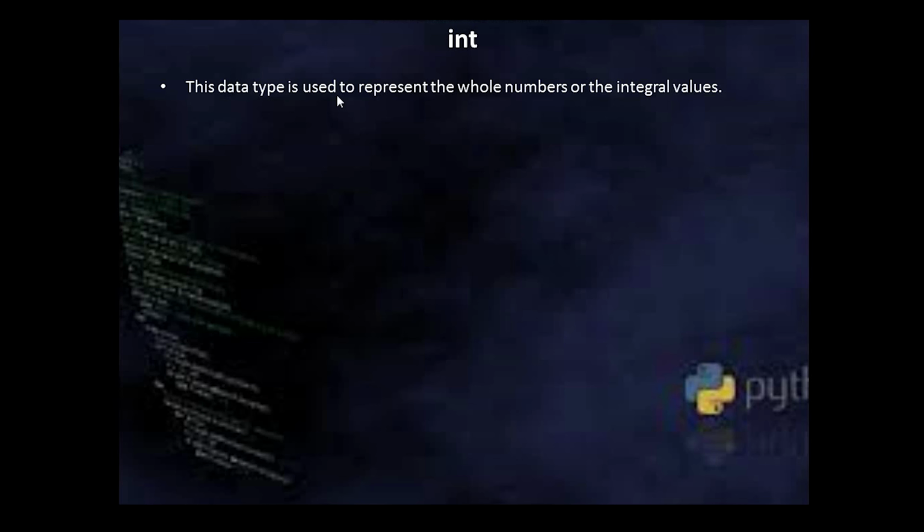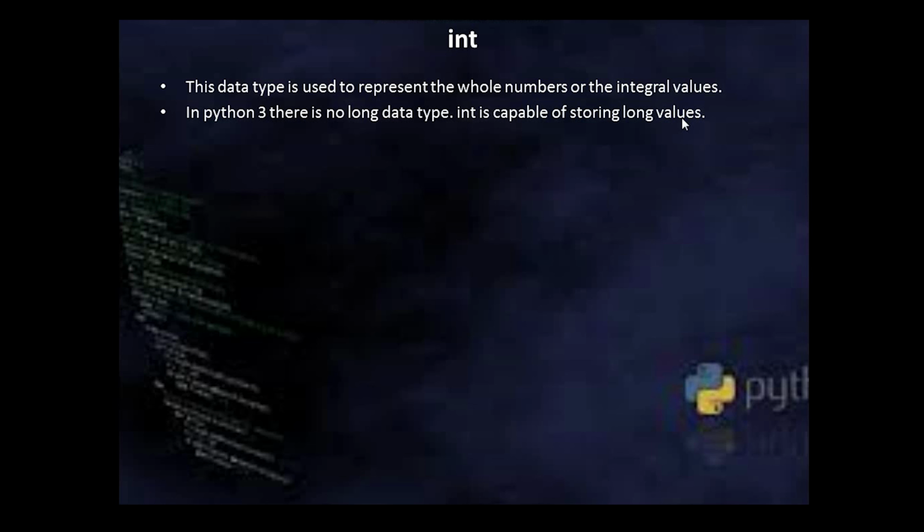So this data type is used to represent whole numbers, also called integral values. In Python, there is no long data type. Int is only equivalent to long. Now, integers can be represented in different forms like decimal, octal, hexadecimal, and even in the form of binary, which is supported in Java after Java version 5.